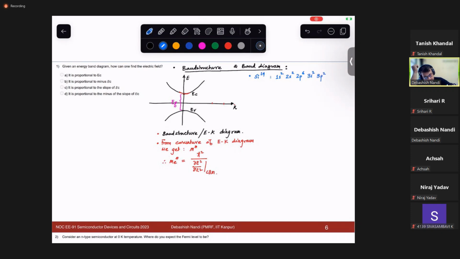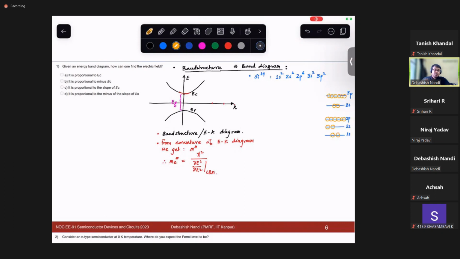So now let me draw it in this fashion. This is your 1s, 2s, 2p, 3s, 3p. And I am showing the states available in this fashion. 1s has two states, 2s has two states, 2p has 6 states, 3s has 2 states, and 3p has 6 states, right?